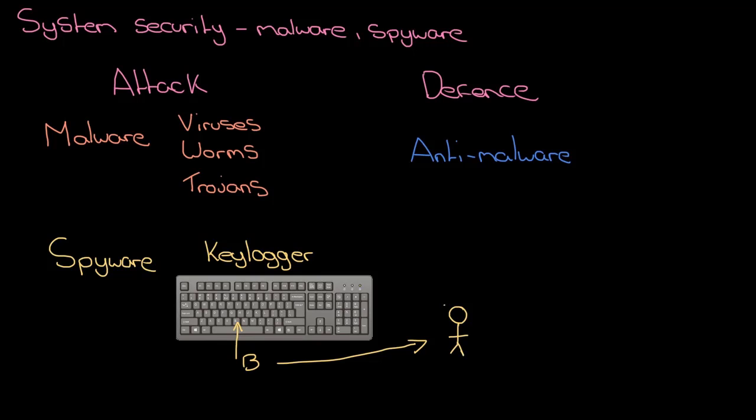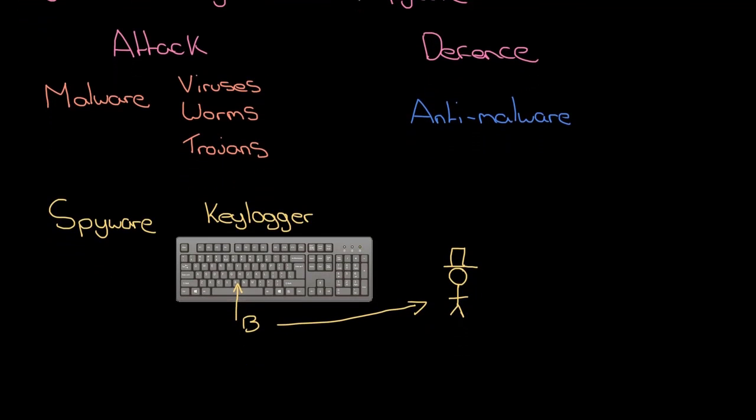You might think that's not too much of an issue, he just knows I pressed the letter B, but if you're on a website and you type in your username and password, all of a sudden he's got all that information. He'll know which website because he's got all the key presses that you pressed to get in there, and then he'll be able to log in using your username and password. So that's keyloggers.